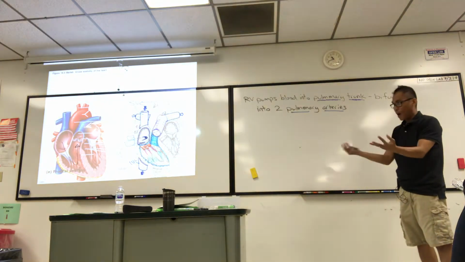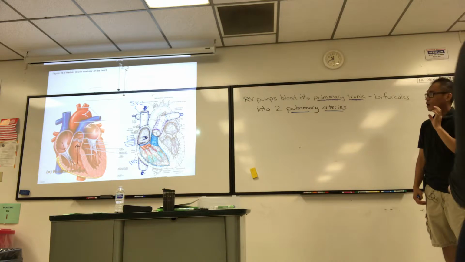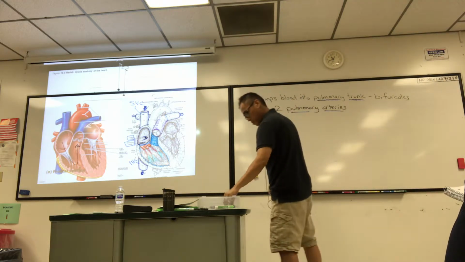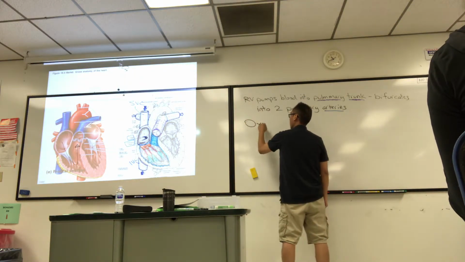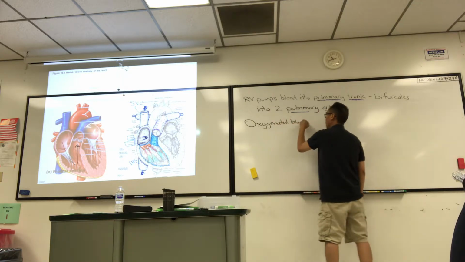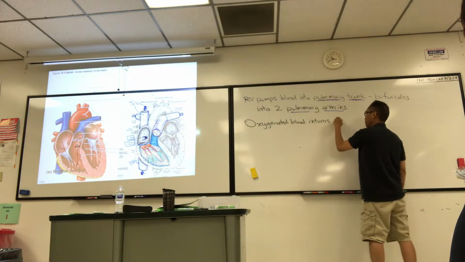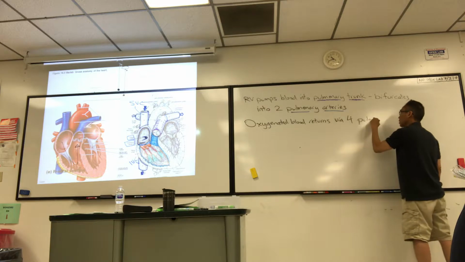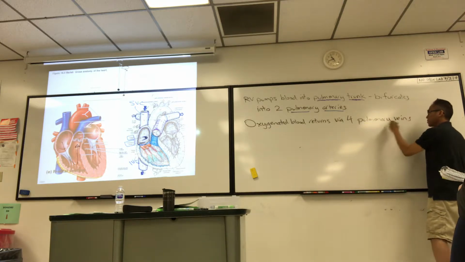And soon they go out and they get oxygenated and they return via 4 pulmonary veins. Oxygenated blood returns via 4 pulmonary veins. Now you got 2 right, 2 left.